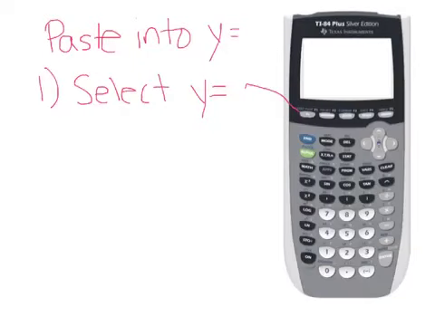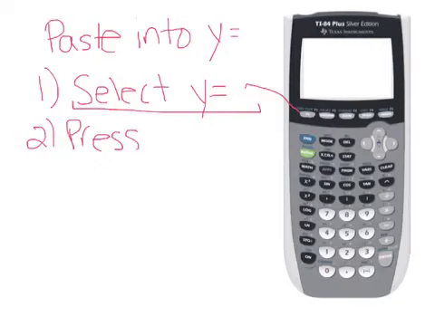Make sure under y equals that you delete anything in y1. Select y equals, and then we want y1. So place your cursor in y1 here, and make sure there's no other equations in there.